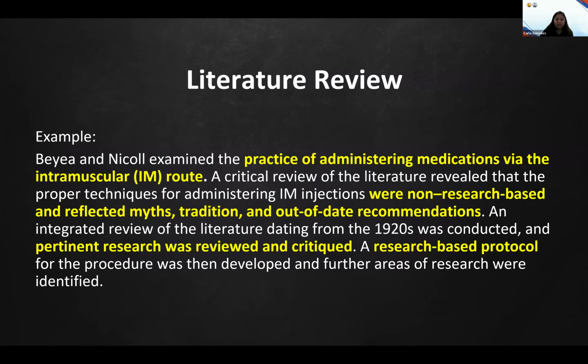Which means from myths, traditions, and outdated recommendations, they were able to discover a safer, more effective practice and challenge the long-held assumptions of their injection practices. It works the same as well with wound care practices and patient positioning.